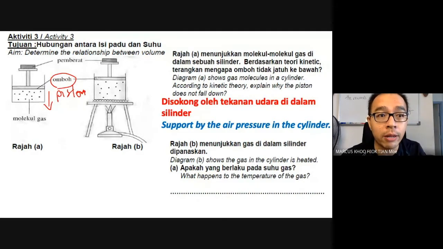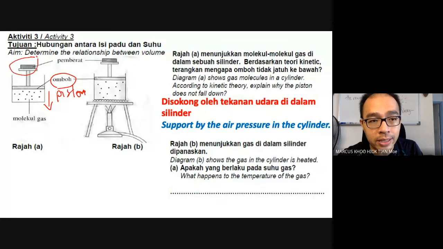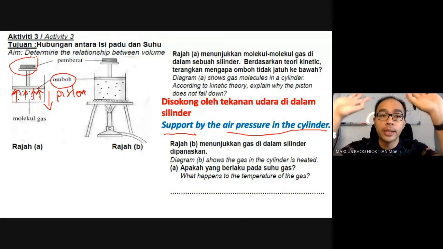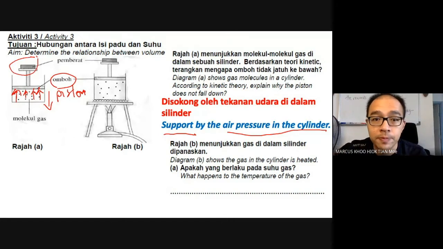Gravity will pull it down. But if there is gas in here, the piston will not fall down because it is being supported by the air pressure in the cylinder. The gas molecules exert a pressure on the piston, so it supports the weight that is pushing it down.